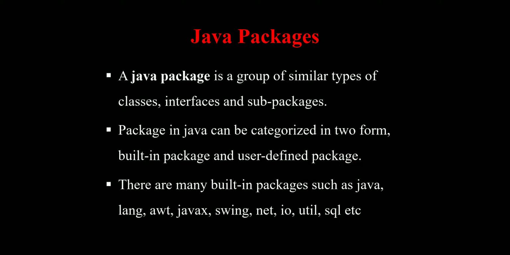There are many built-in packages in the Java programming language, such as java.lang, java.awt, javax.swing, java.net, java.io, java.util and java.sql, and so on. These are the built-in packages provided by Java.